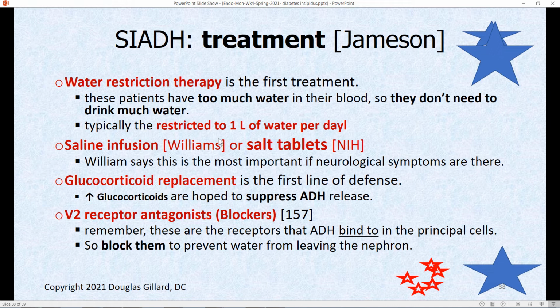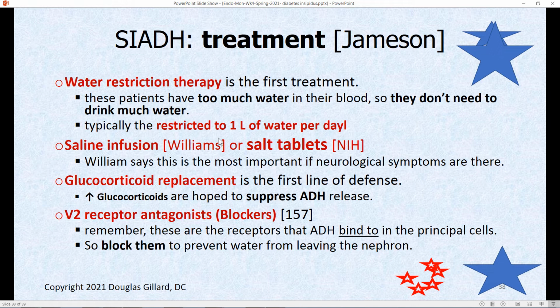You can also try glucocorticoid replacements because maybe you do have Cushing's syndrome. If you take glucocorticoids, it will bind or will try to bind to the magnocellular neurons and shut off that ADH production. Of course, the problem with that is maybe that's not the problem.